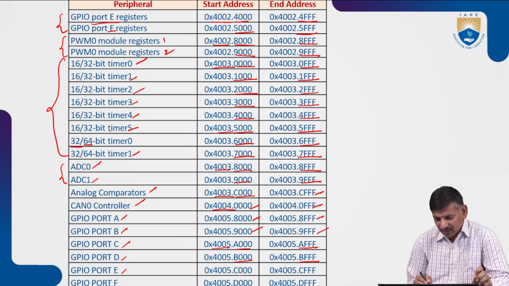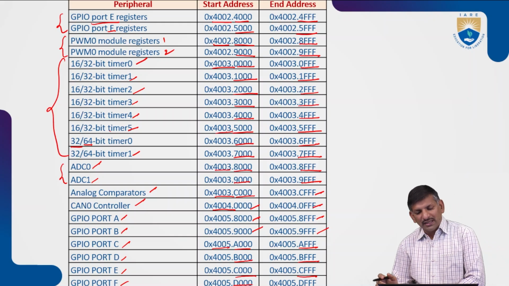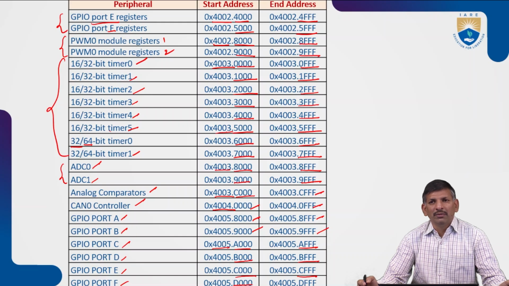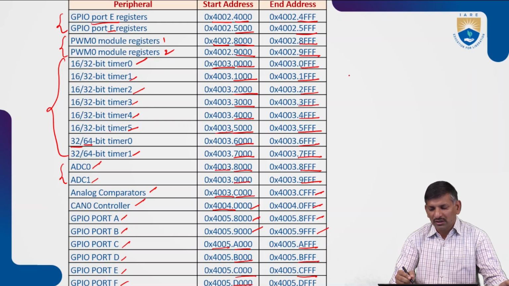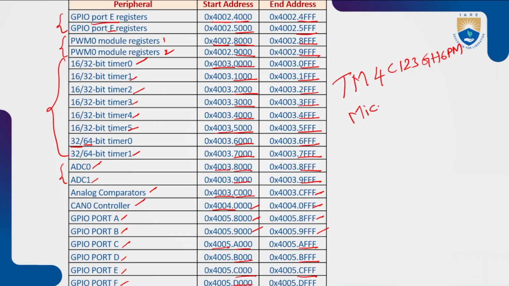Port E, C000 to CFFF. Port F, D000 to DFFF. Like this, we are assigning particular memory location to the particular peripheral in the TM4C123GH6PM microcontroller.